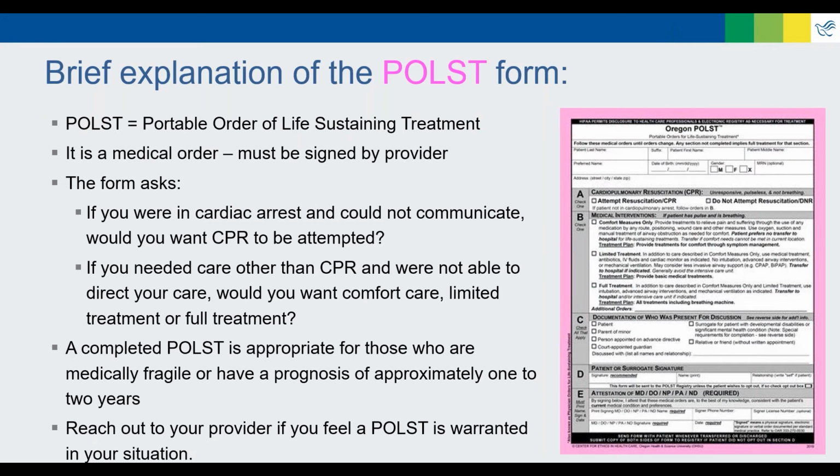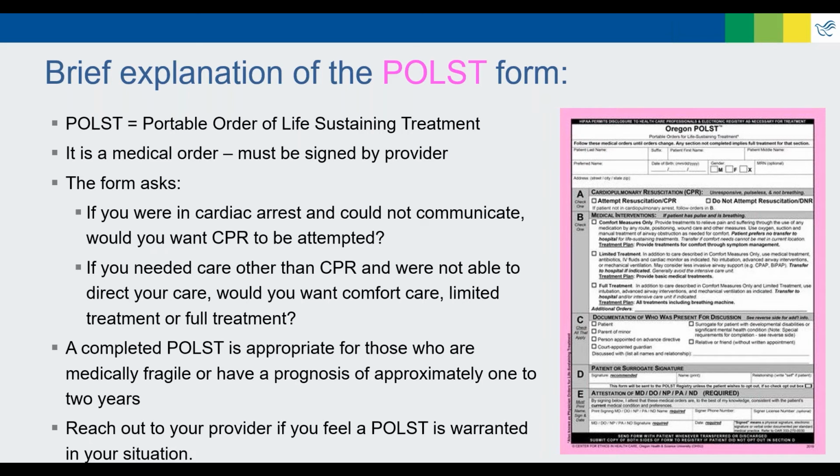So a brief explanation of the POLST form before we get to the advanced directive. POLST stands for Portable Order of Life-Sustaining Treatment. It's a medical order, and it must be signed by a provider. In general, it asks if I were in a cardiac arrest and could not communicate, would I want CPR to be attempted, or would I not want CPR to be attempted?